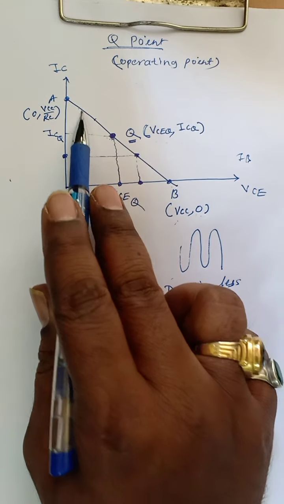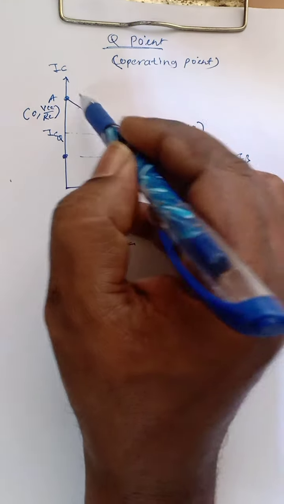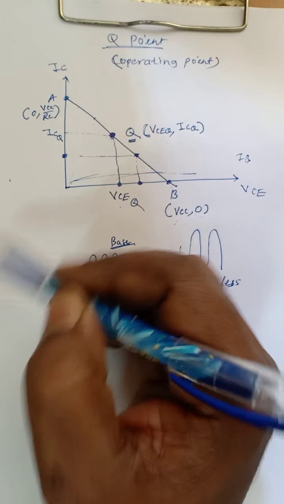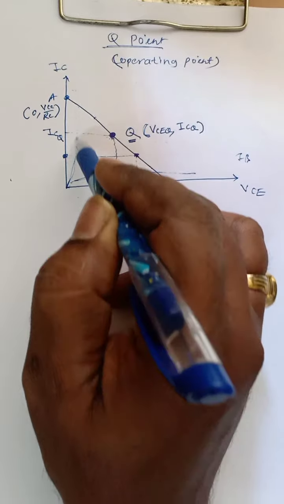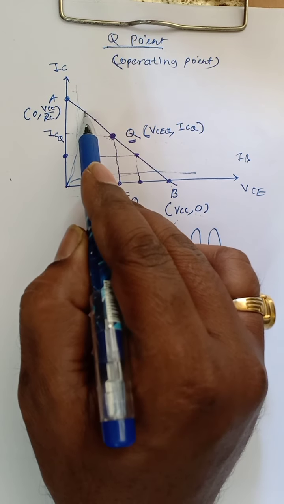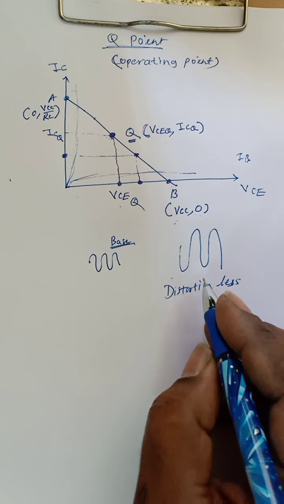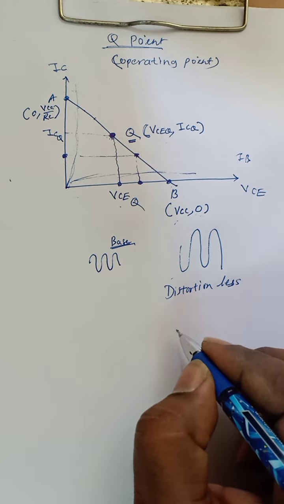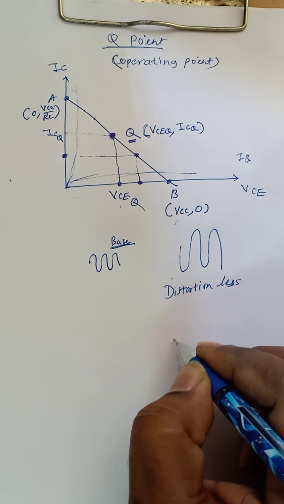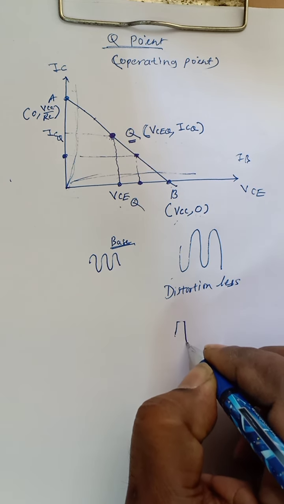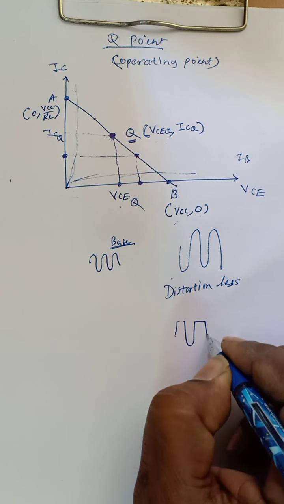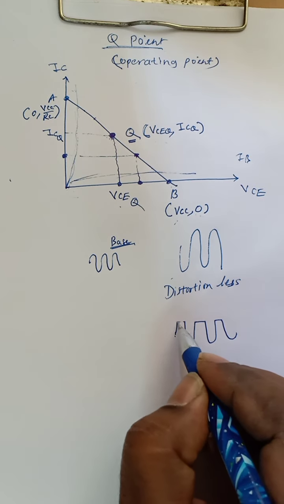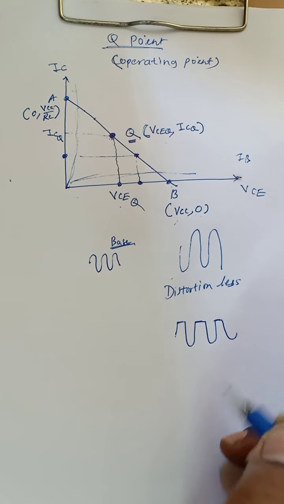Where the Q point is near the saturation, this here is the saturation region and this side is the cutoff region. When the Q point is near the saturation region, we get a waveform which is not exactly a replica of the input. We get this type of cut waveform, so the upper peak gets cut.